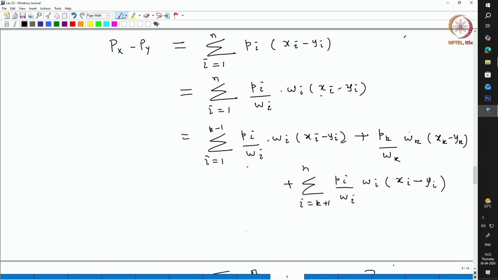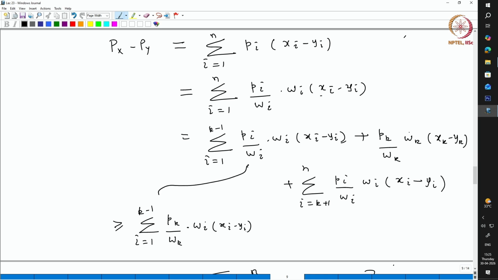This is greater than or equal to sigma i equals 1 to k minus 1 of Pk by Wk times Wi times xi minus yi.